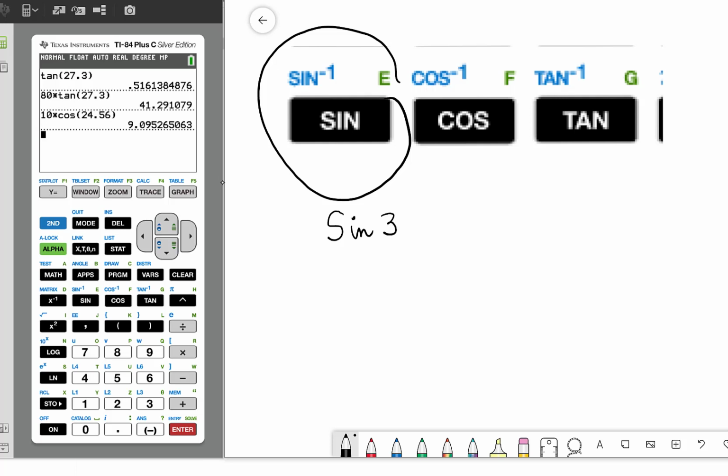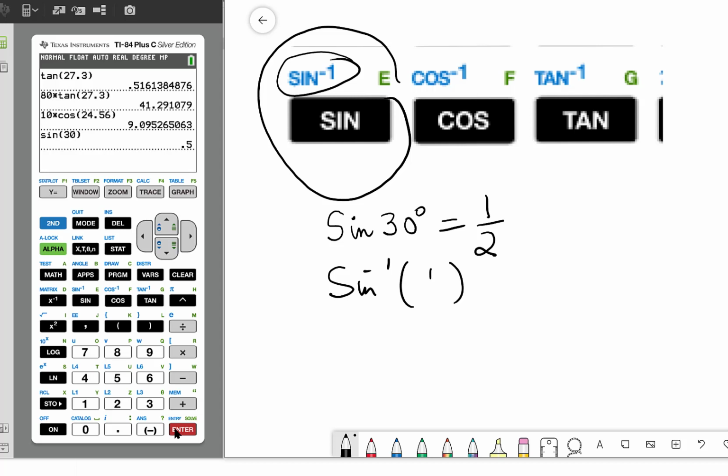Say for example, let's see what sine of 30 degrees is. So here we have sine and we are in degrees mode. You can see sine of 30 degrees is 1/2. So if you apply this function on this 1/2, the value of sine of 30 degrees, let's see what it gives us. Okay, so here I went second, because that's what will bring sine inverse for us. 1 over 2, which is 0.5, of course.